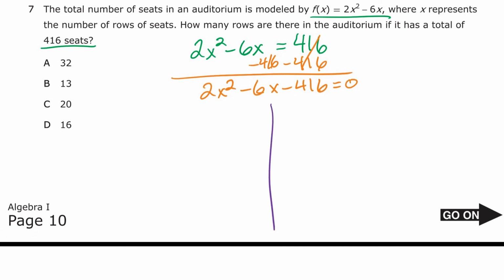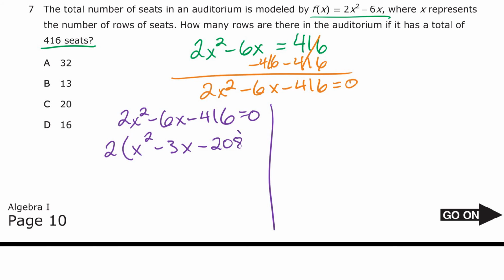We'll do that over here. 2x squared minus 6x minus 416 equals 0. We see that they can all be divided by 2, so we're going to factor out a 2. We're left with x squared minus 3x minus 208. Then we factor.